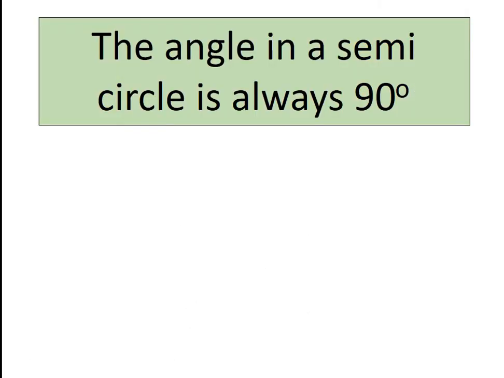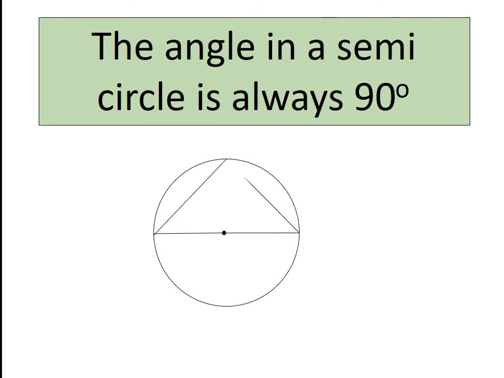So the next theorem is angle in a semicircle is always 90 degrees. So again, if we have a circle, and here's the centre, and we have a semicircle, you can see that the line across the centre is the diameter, and it's a very similar rule to the previous one, where if you have two lines subtended that meet, then this will form a 90-degree angle.